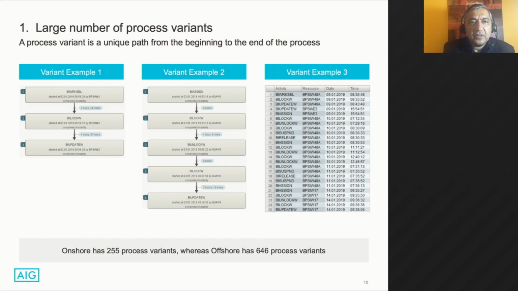One of the things we found when we looked at the data is that there were a lot of process variants. In fact, just within the onshore operations, we saw 255 process variants, whereas the offshore had even more, 646. What it's telling us is that as people are processing these requests, there is a lot of flexibility in what they do and how they do it.